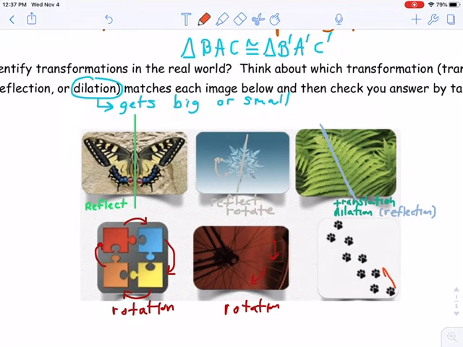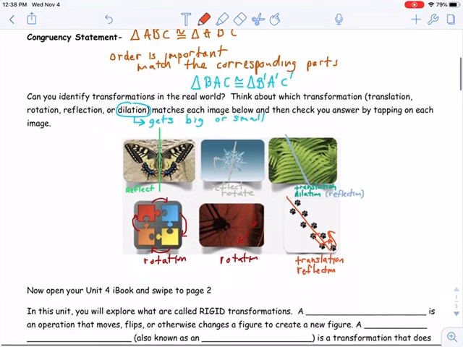These paw prints are translating forward, but I'm technically also reflecting them over this line right here. Think about it, I could translate it, then reflect. Translate, then reflect, so on and so forth.